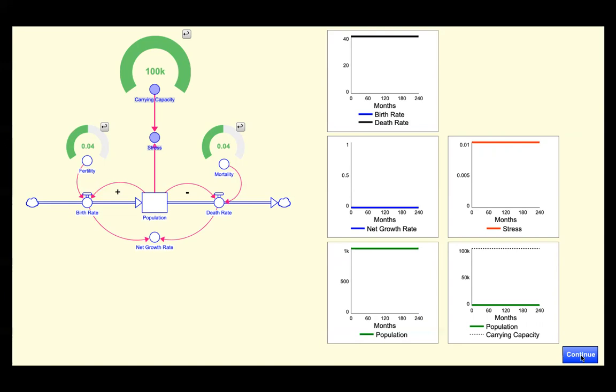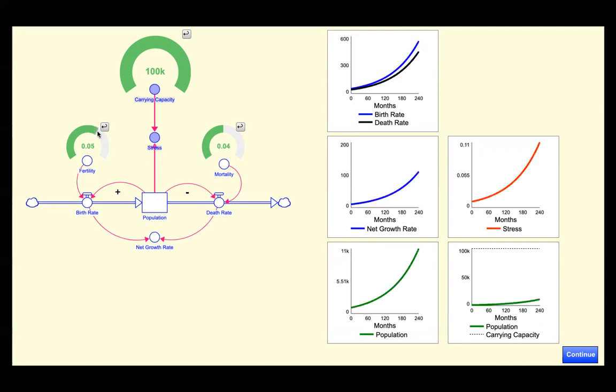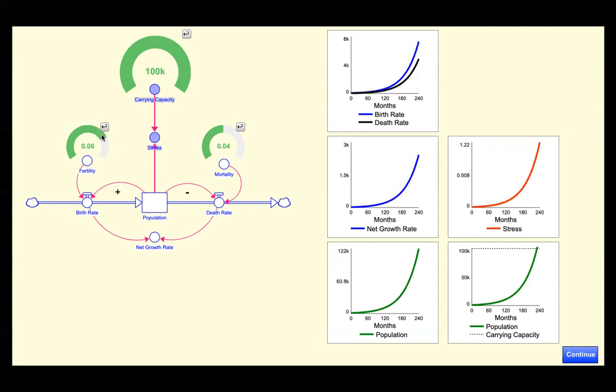Moreover, we introduce the stress that the population experiences, represented by the ratio between the population level and the carrying capacity. If the two are the same, then the stress amounts to 1. Again, we experiment with the fertility, the mortality, and the carrying capacity to investigate the resulting population development and the associated stress.